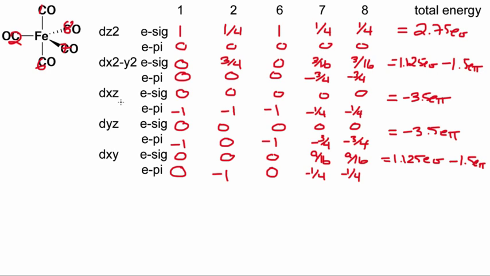We will have, for xz and yz, that energy difference is going to be negative 3.5 e pi, and dxy is going to be just like dx squared minus y squared, where we'll have an energy change of 1.125 e sigma minus 1.5 e pi. And so if we draw the MO diagram for this species, which I'll do in a second after cleaning up this board, we'll be able to see the energy differences that we can expect in each case.